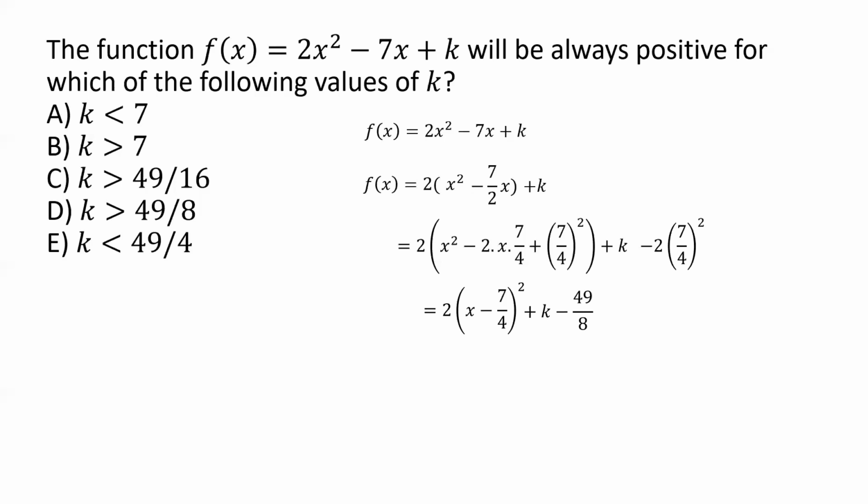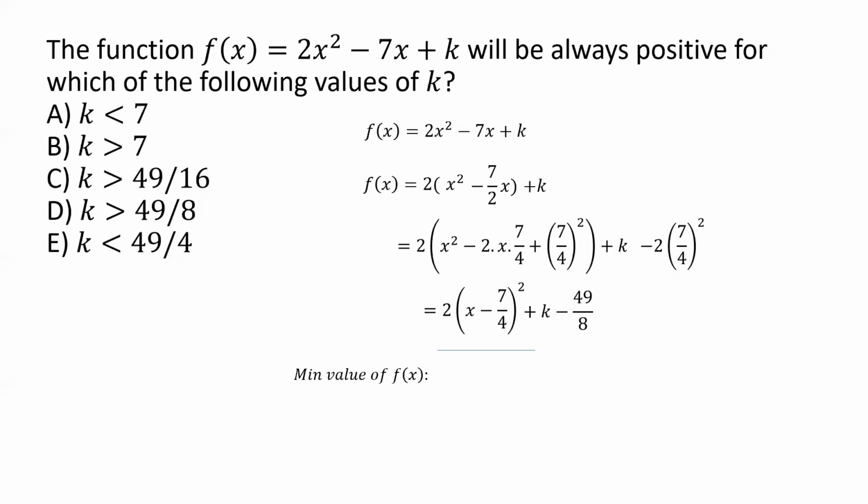Now, if we look at the first term, which is 2 times x minus 7 by 4 whole squared, we're trying to find what is the minimum value that f(x) can take. Well, this is a whole square term, and for any real values of x it will be non-negative, because it's a whole square.